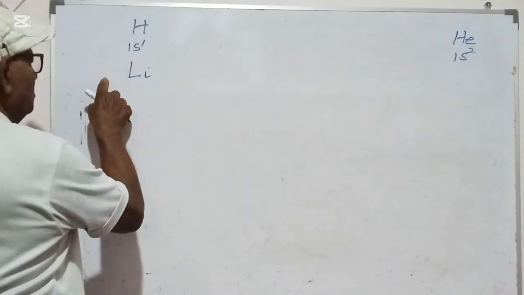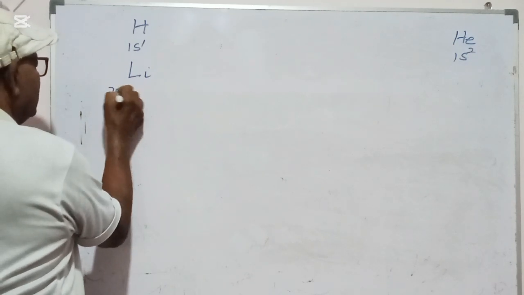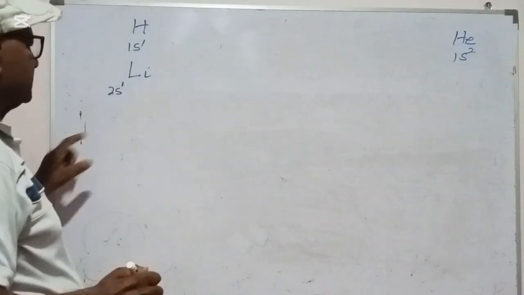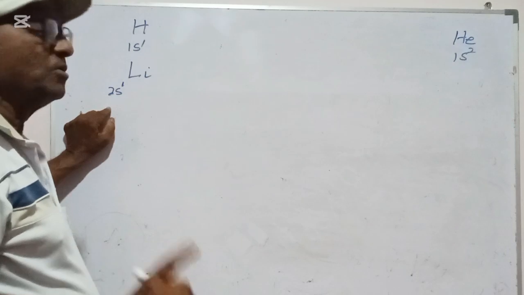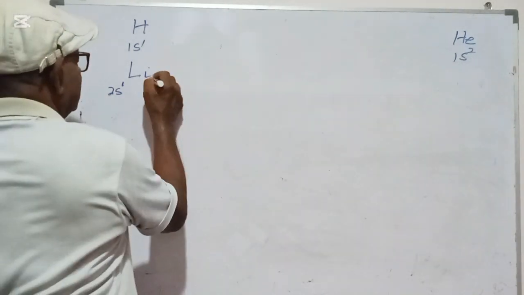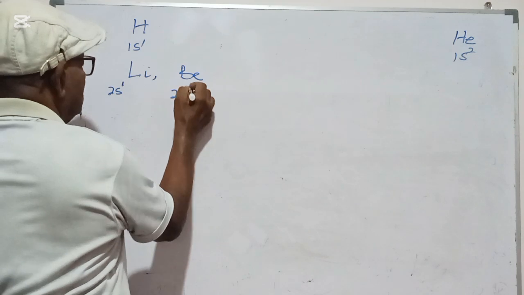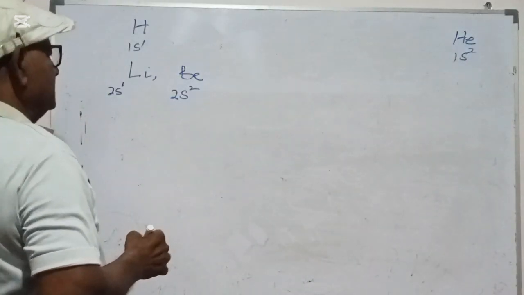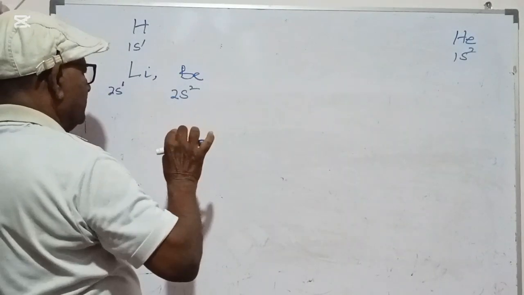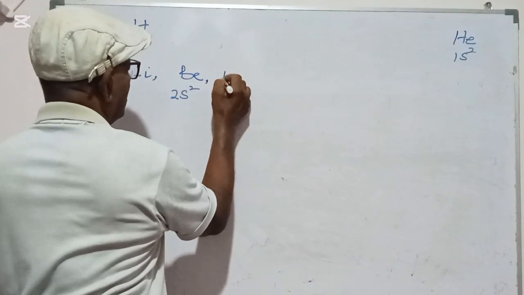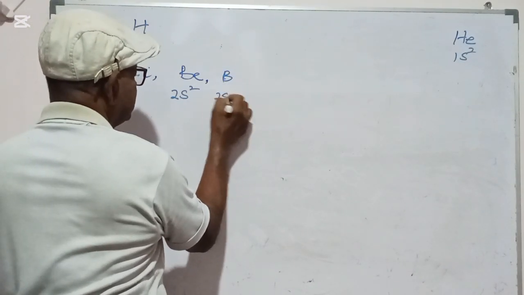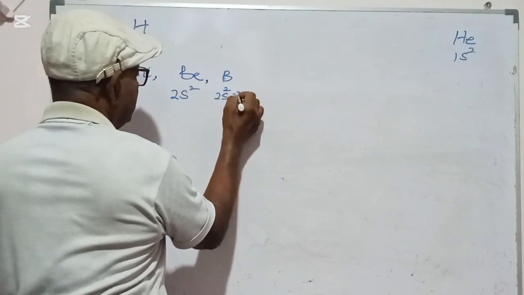Lithium is 1s2, 2s1. It starts to fill the 2s orbital. Beryllium, 2s2. It fills the 2s2. Boron, 2s2, 2p1.